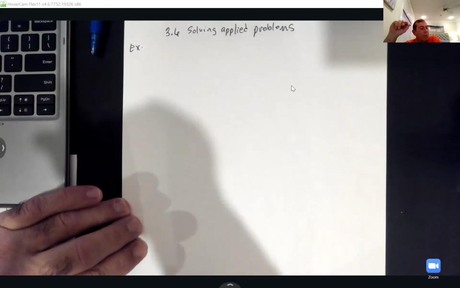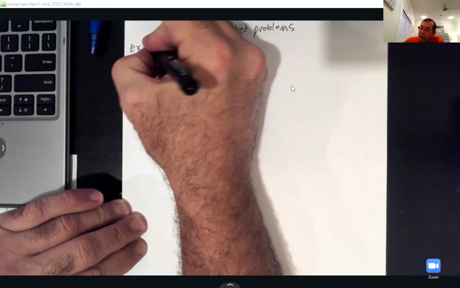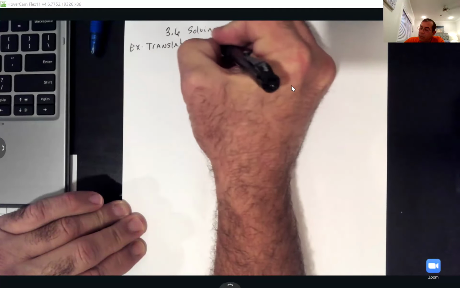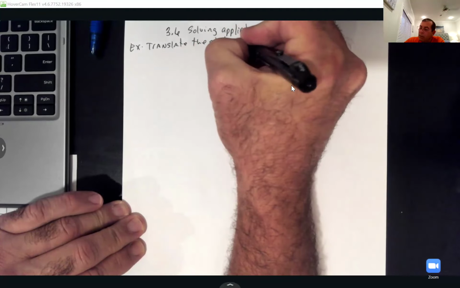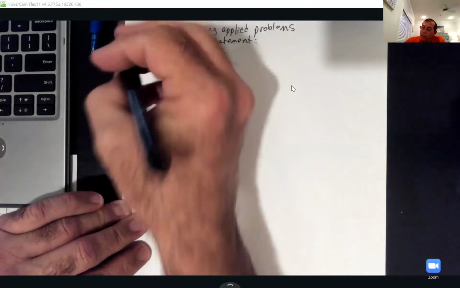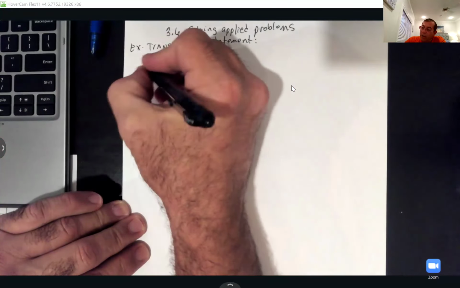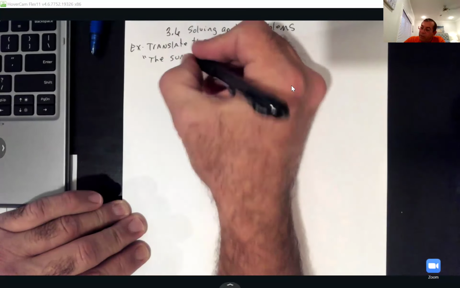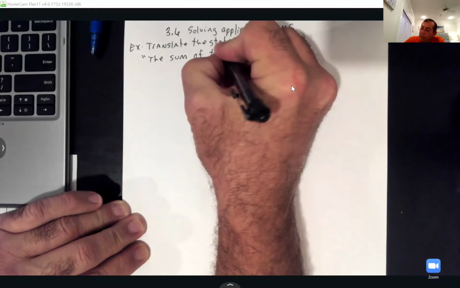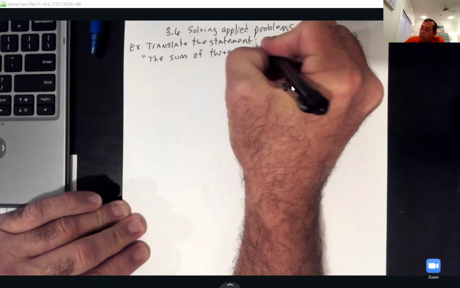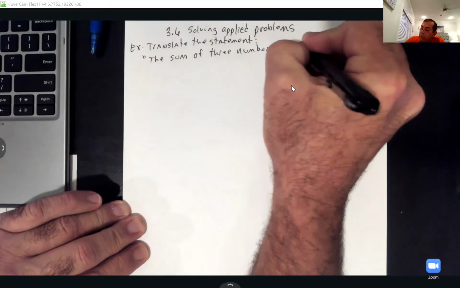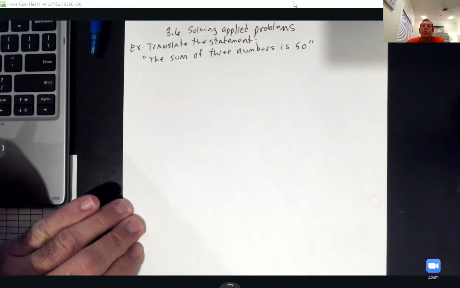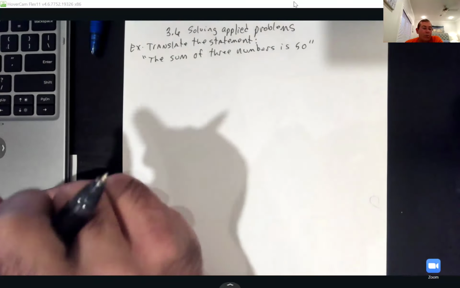All right, so this first example, they want me to translate the statement. So they're giving us the sum of three numbers is 50. And y'all, like I said, all they want us to do is translate this into a mathematical expression.